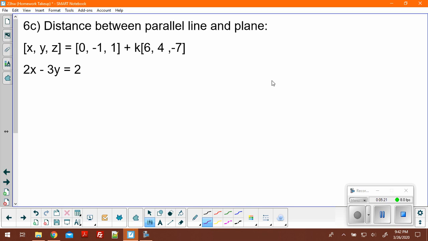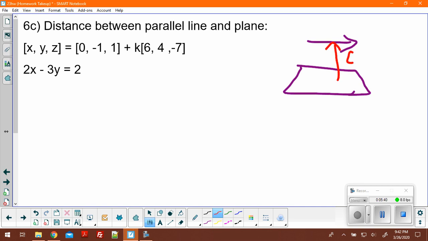They want distance, so let's review how to do distance. If that's my line, and they've told us it's parallel, so we're going to have to assume they're good there. The idea is that I know what my normal is already. My normal would be the coefficient of x, 2, -3.